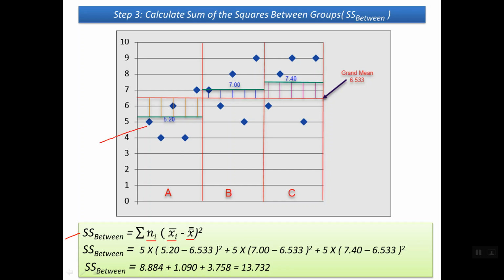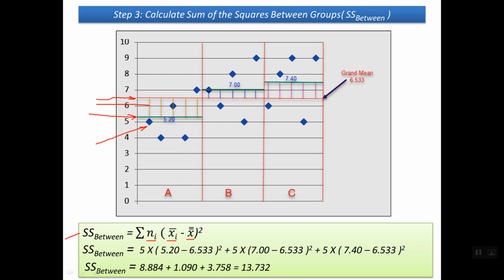For example, what is the meaning of the SS for this point? This point is the first point, which belongs to group A. So for group A, this is the mean of group A, which is 5.20, and this is the grand mean, which is 6.533. So for this point, the SS between for this point is the distance between the mean of group A and the grand mean.